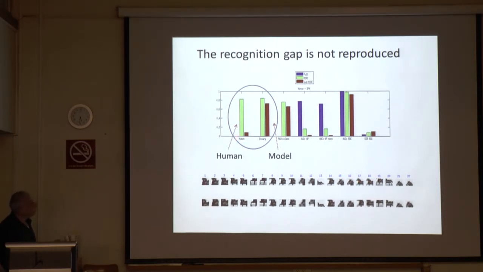This is just the results of the human study. After training on horse images, you test this image, and the difference between the recognizable and the non-recognizable is this, which barely reaches significance. It's very small, slightly less recognition on the images that people could not recognize, but the gap is not reproduced.